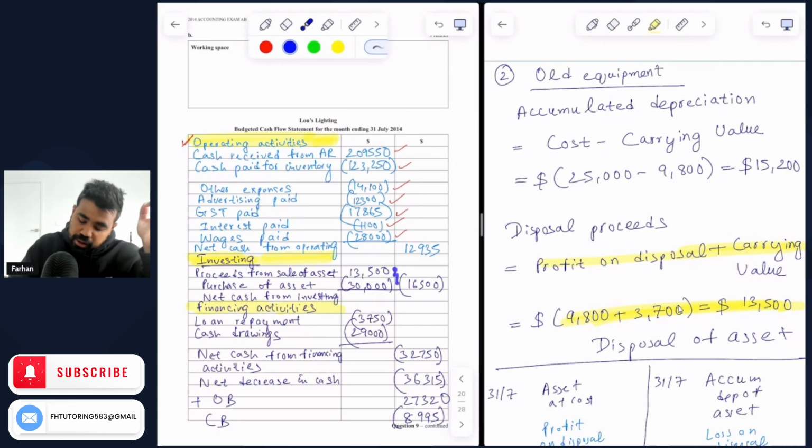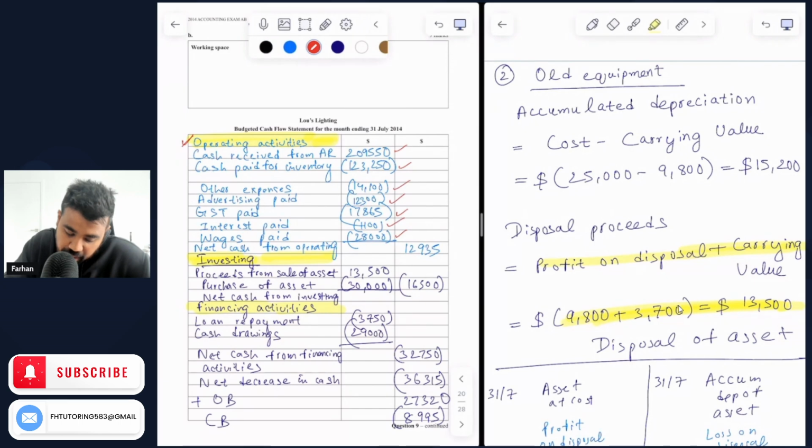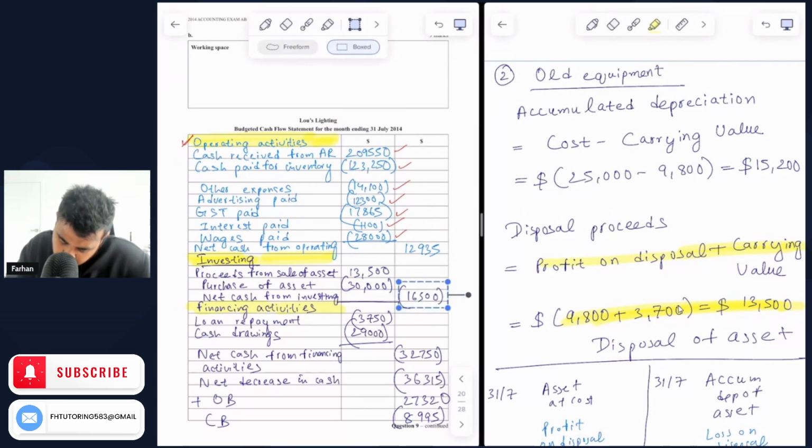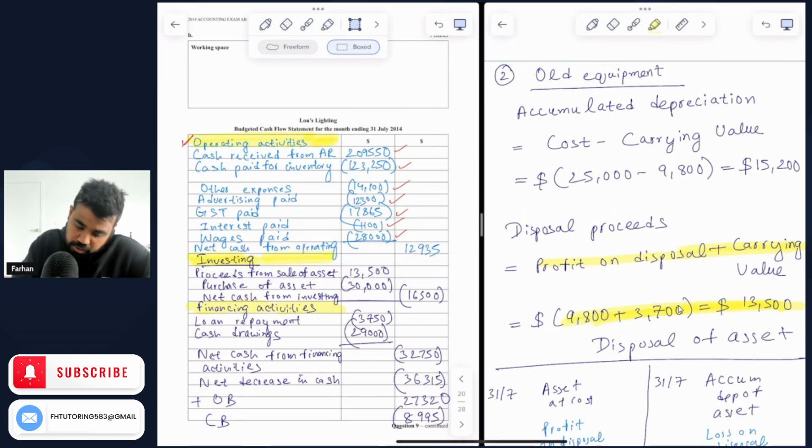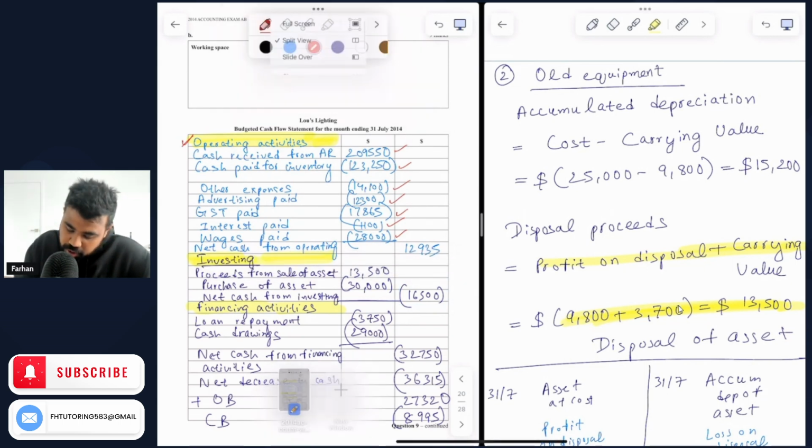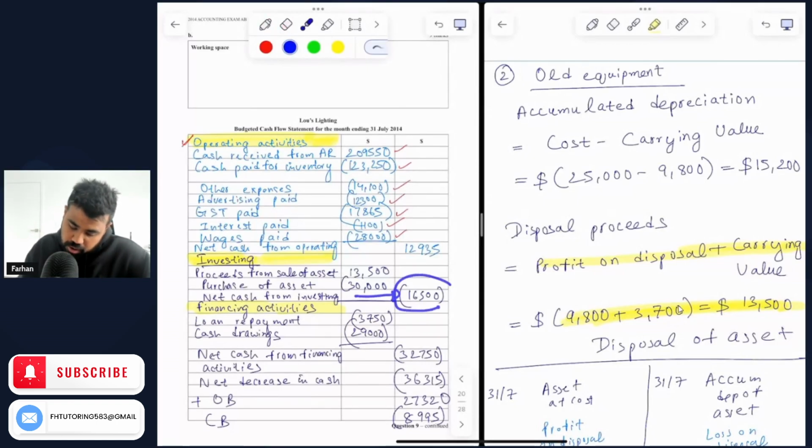Once you do the calculations, you get a negative amount. So net cash flow from investing activities is actually negative 16,500, right? So this is what we have shown here. Net cash flow from investing, negative 16,500.